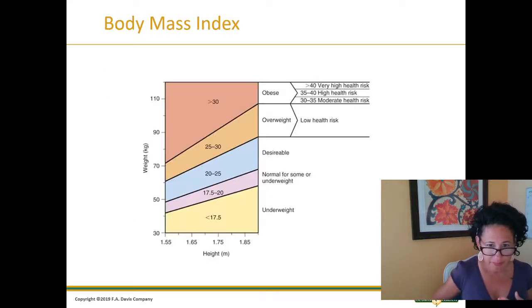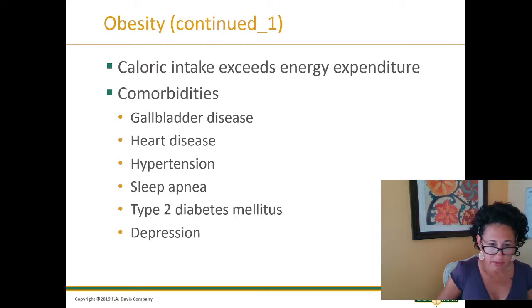That is an illustration of the body mass index, the BMI. So refamiliarize with that. Caloric excess: caloric intake exceeds your energy expenditure. That means you're not putting enough energy out versus the calorie intake that you have.